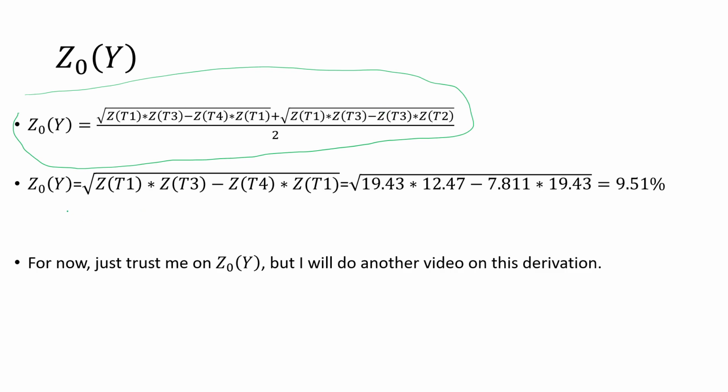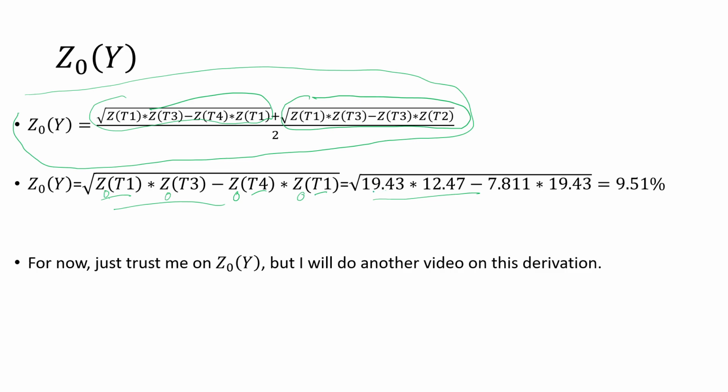In other words, it's either 1/2 of the sum, or just equal to this, or just equal to this quantity. So that's what I'm doing here. If you plug the numbers, so basically this is the zero sequence impedance from test 1 times the zero sequence impedance from test 3, minus the zero sequence impedance from test 4 times the zero sequence impedance from test 1.